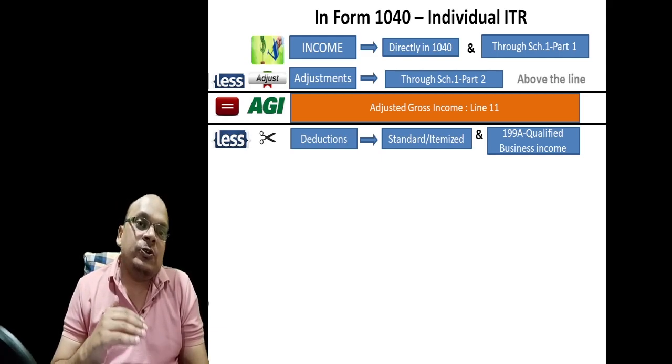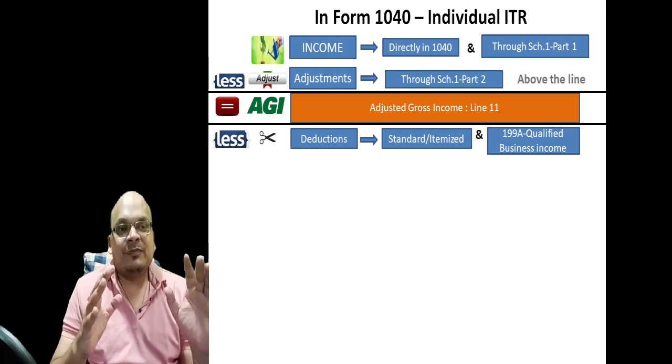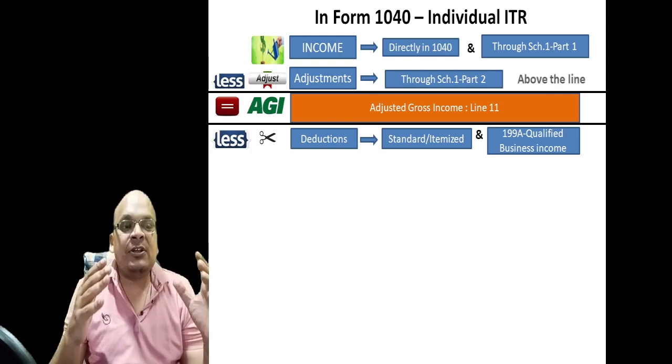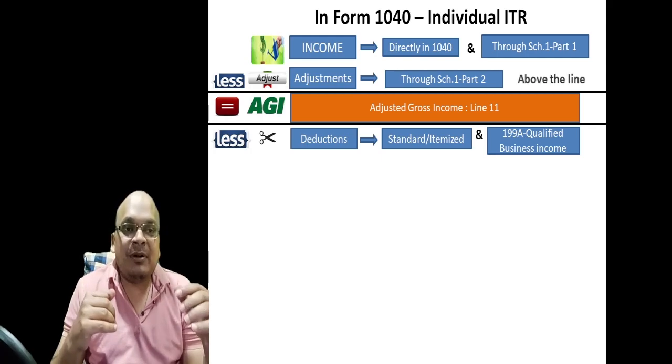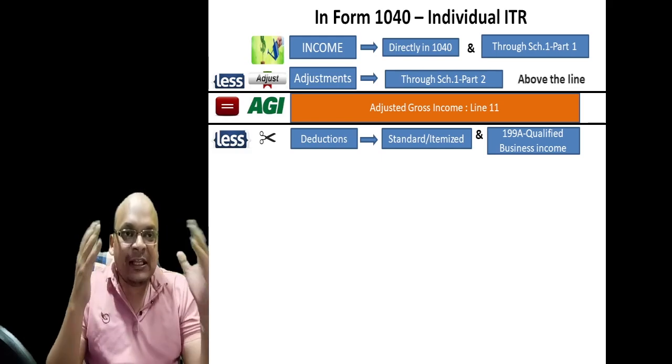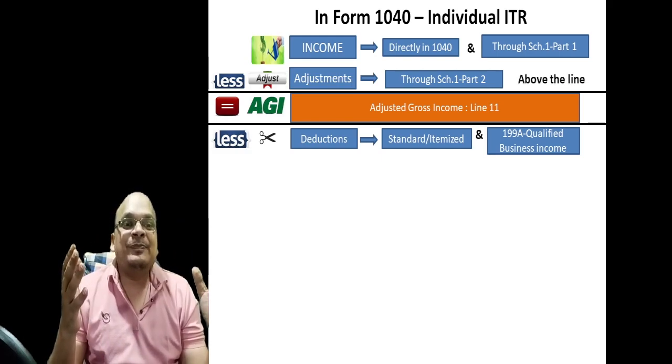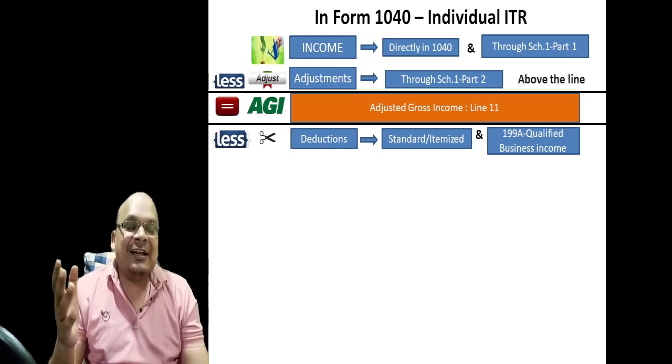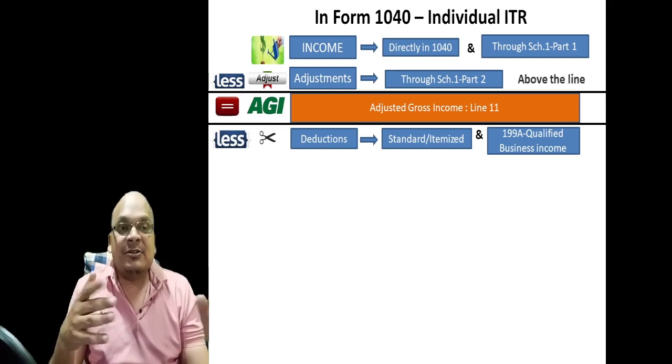Now, this deduction is known as a below the line item, right? One thing you have to remember: for example, if you are sleeping and somebody wakes you up and asks, hey, what's your name? Instead of your name, you should say AGI, right? Where you are positioned, where you are living, at line number 11, right? And what are above the line items? Adjustments.